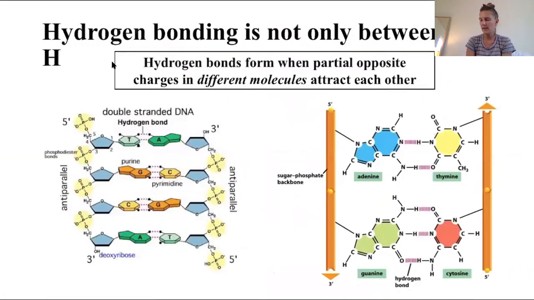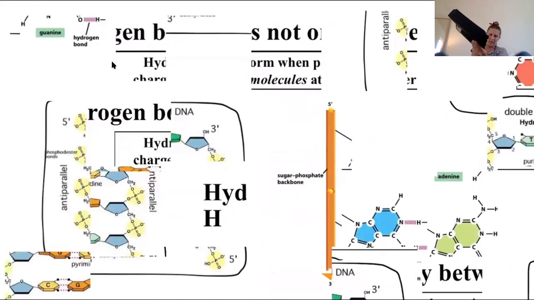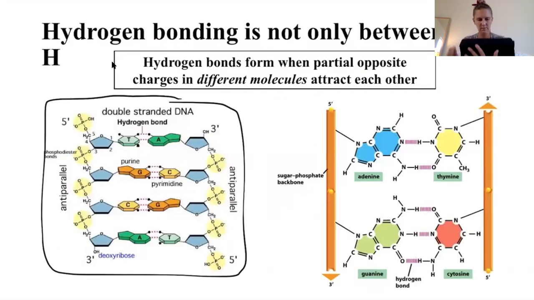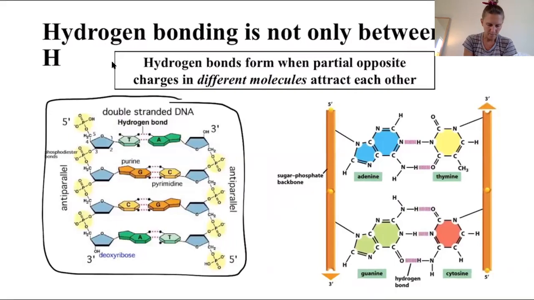So hydrogen bonding is, like I said, not only between O's and H's. So again, if we look in here at this DNA molecule, and we're going to go into lots of detail on the structure of DNA, you can see these hydrogen bonds. Notice when you see these dotted lines, that's indicating a hydrogen bond. So between T and A, there are 2, and between G and C, 3.